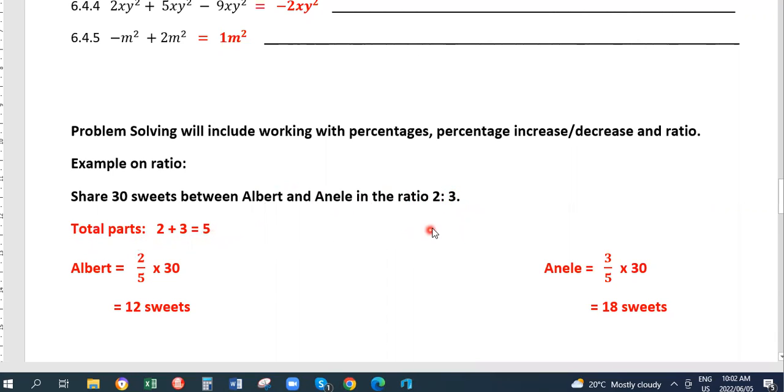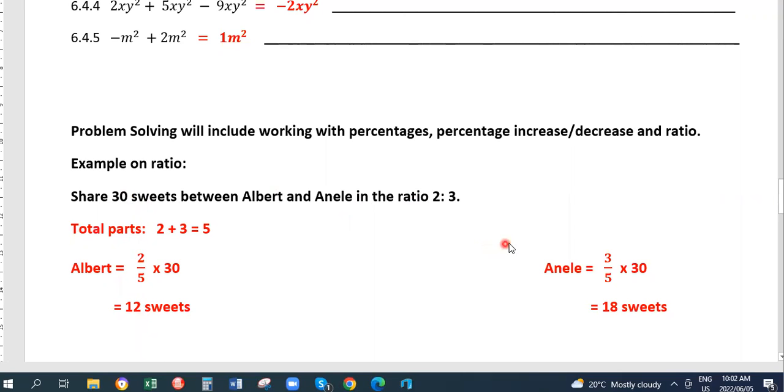So out of the 5 parts, 2 parts out of the 5 is for Albert, and 3 out of the 5 is for Anila. So 2 out of 5 times the total sweets, which is 30, will give you 12, because 5 goes into 30 six times, and 6 times 2 is 12. Now, if Albert is getting 12 sweets, then 30 minus 12 will give you 18 for Anila.